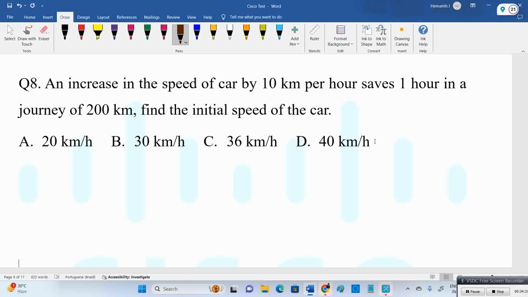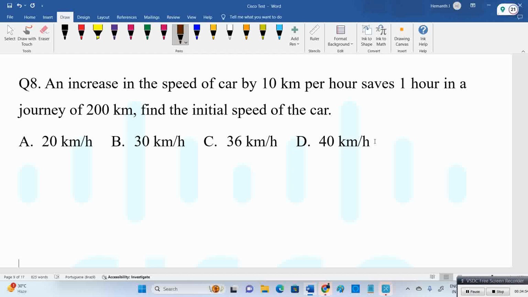If that speed is increased by 10 km per hour, you will save 1 hour in a journey of 200 kilometers.